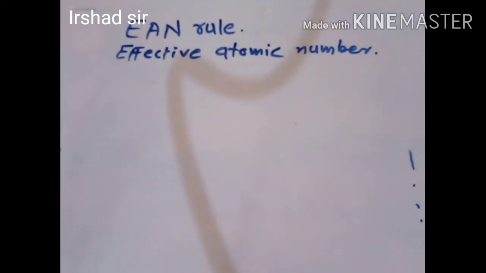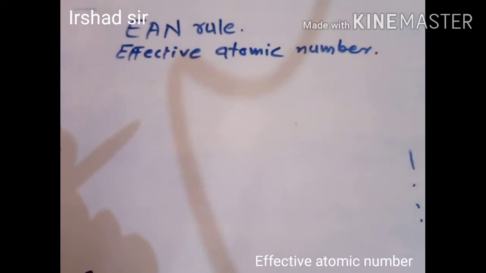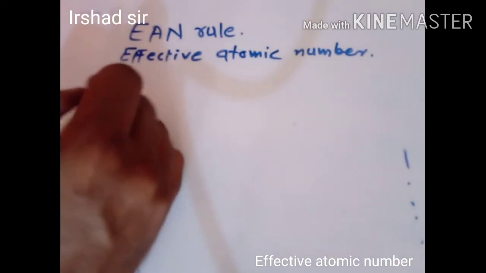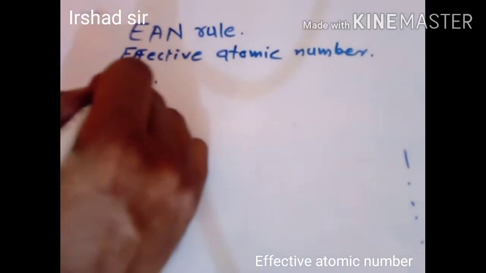It first explains the stability of a complex compound. The first attempt to explain the stability of a complex compound was made by Sidgwick. Now the definition of effective atomic number.